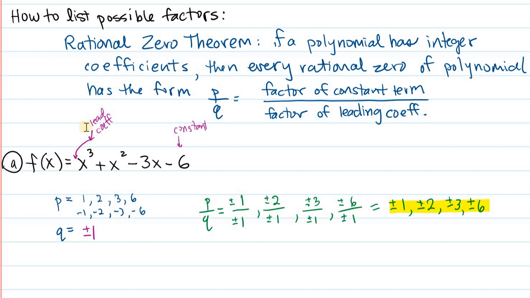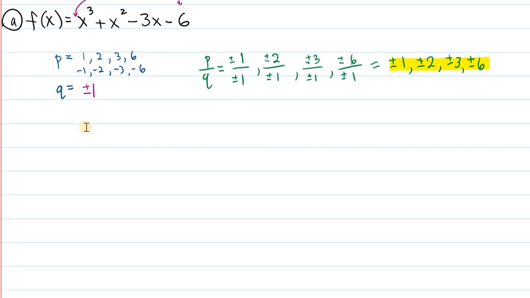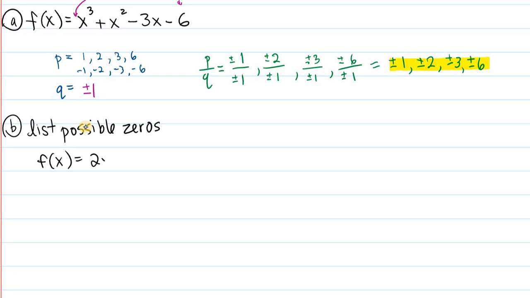All right, let's do another example where we're just going to list the possible zeros. So our directions would say list possible zeros, and our example will be f of x equals 2x cubed plus 7x squared minus 4x plus 8.